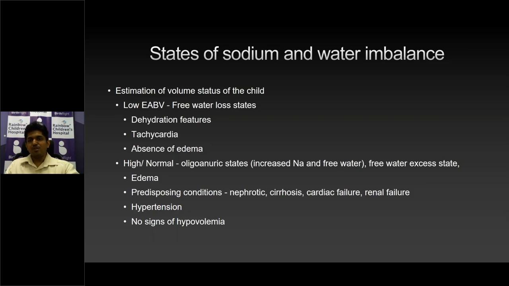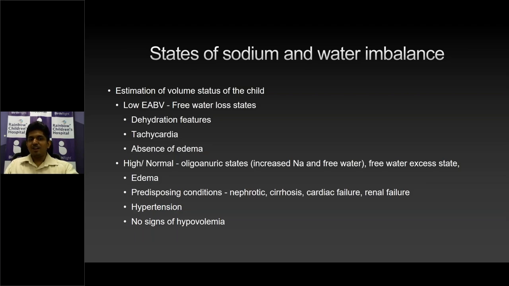Whenever there is an effective decrease in the circulatory volume, the first response we get is tachycardia. Therefore, look for the presence of tachycardia and absence of edema. If there is absence of edema, tachycardia, and features of dehydration, we are dealing with a low effective circulatory volume state.